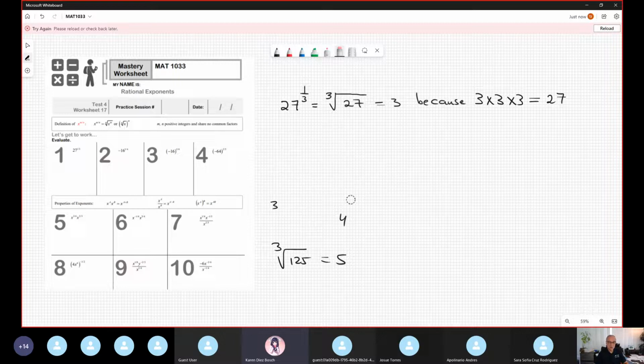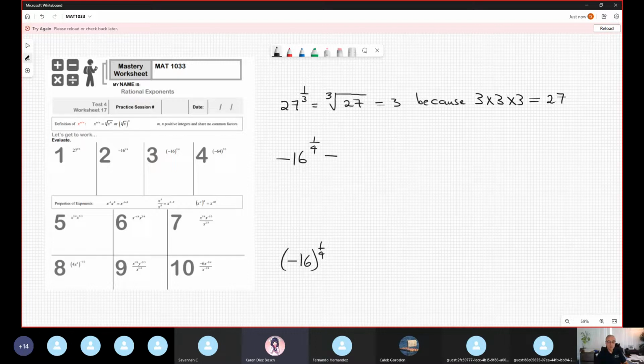Okay. Number 1 was easy. Now number 2 and number 3 are very, very similar, but it's tricky. So now, suppose we have minus 16 raised to the 1 over 4. Okay, you need to be careful. Number 2 and 3 look similar, but no, it's not similar.